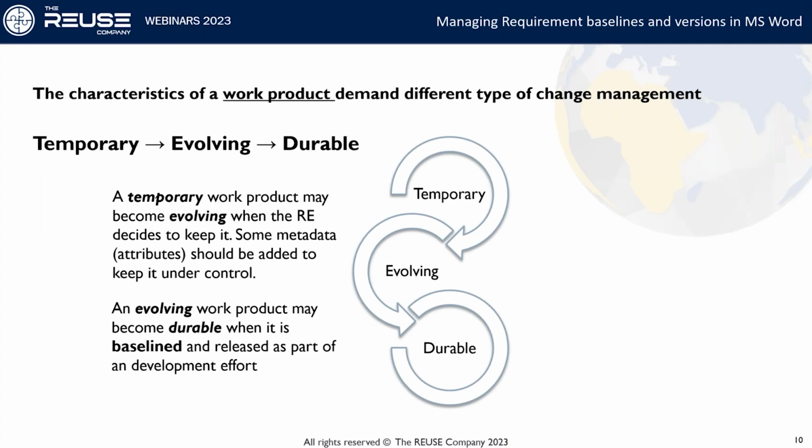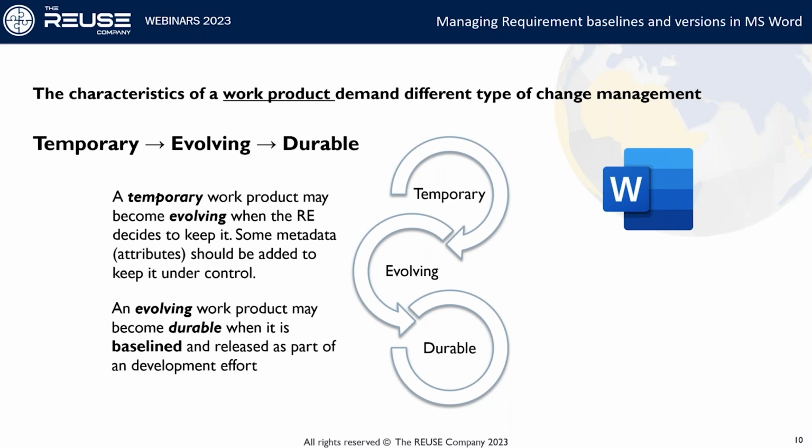These work products, if we think about Word, for instance, you can come up with a new bright idea and you start to write it in Word, and it is quite temporary in the first place. And this work product, of course, can evolve to something which you think should be kept under some kind of control.